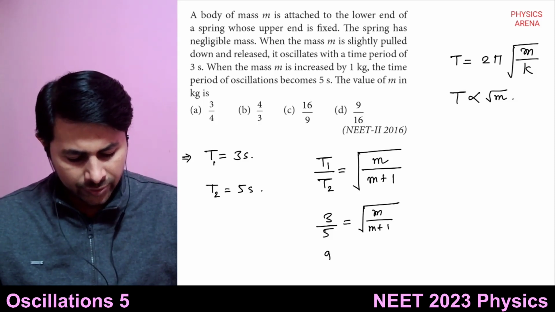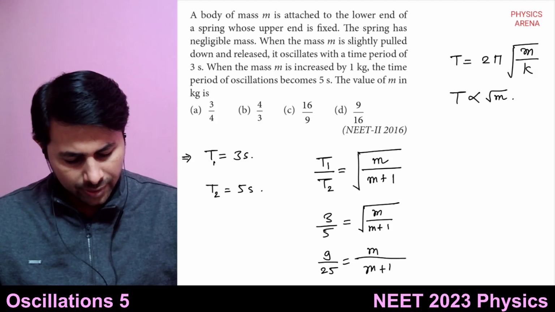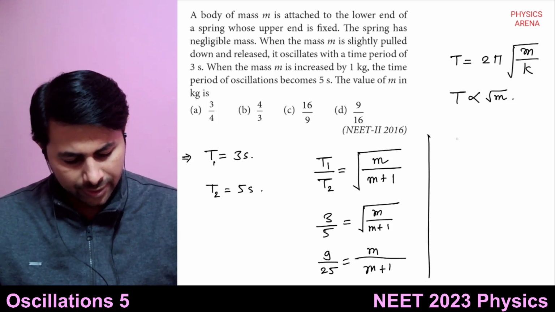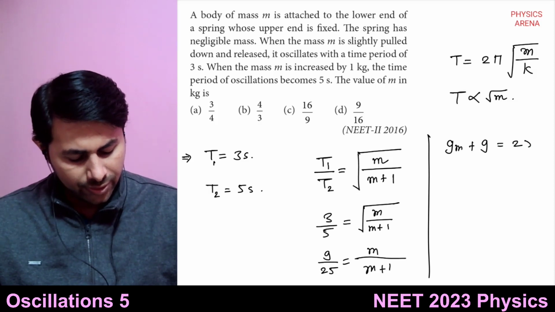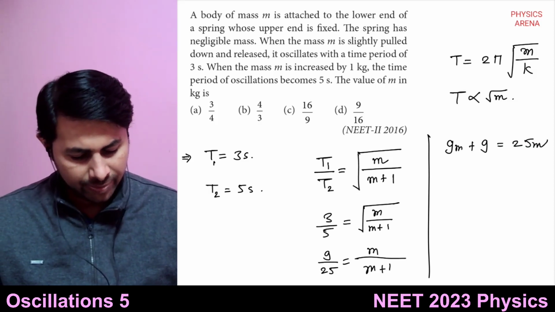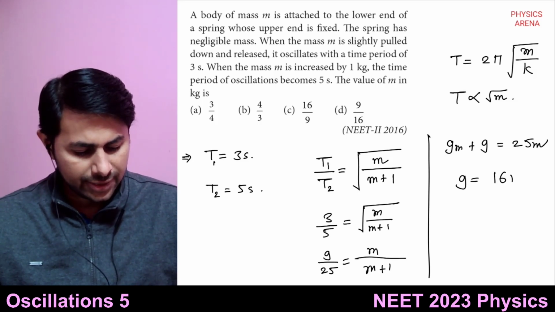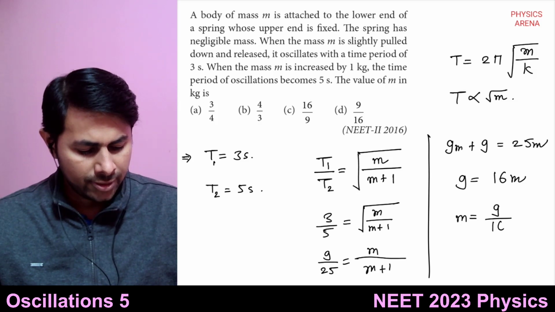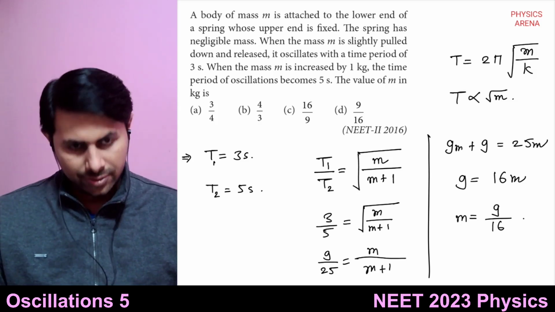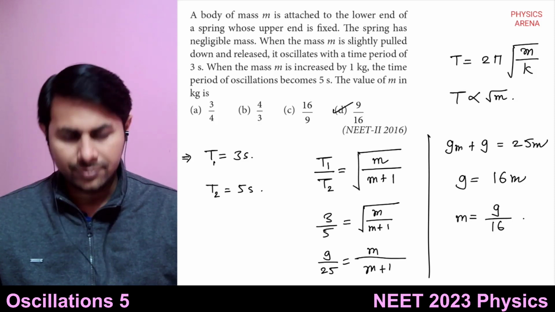Squaring this, we get 9 by 25 equals m upon m plus 1. That means 9m plus 9 equals 25m by cross multiplication. So 9 equals 16m. So m equals 9 upon 16. Okay. So it's option D.